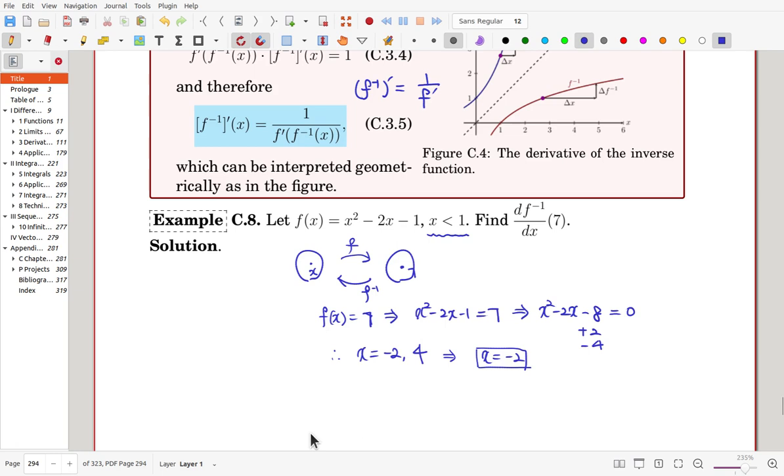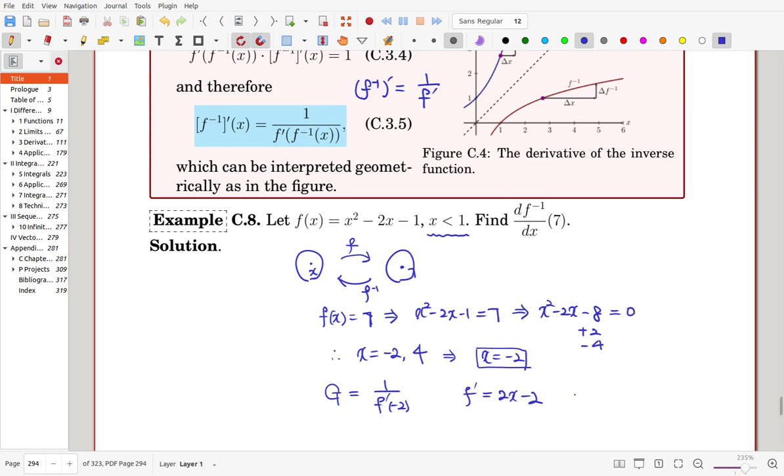So the given quantity is the same as 1 over f prime at minus 2, right? So let's try to get f prime at minus 2. First, f prime is the same as 2x minus 2. From this, we can get that.